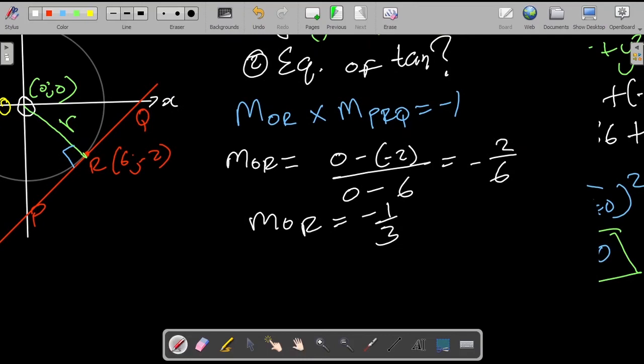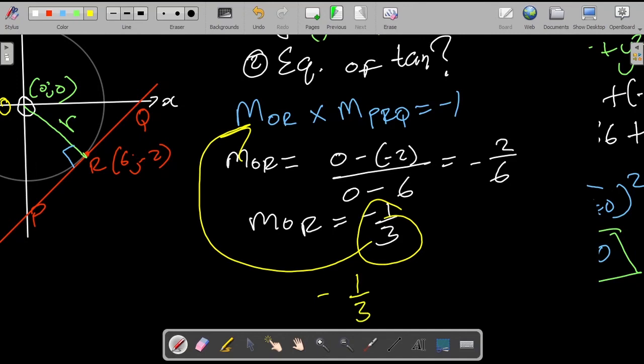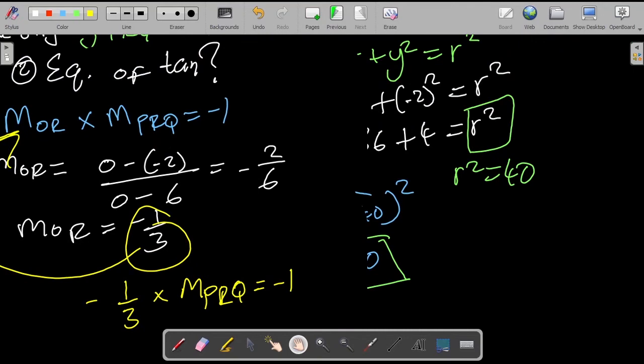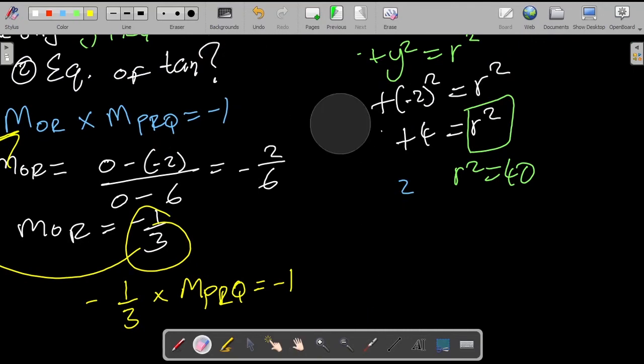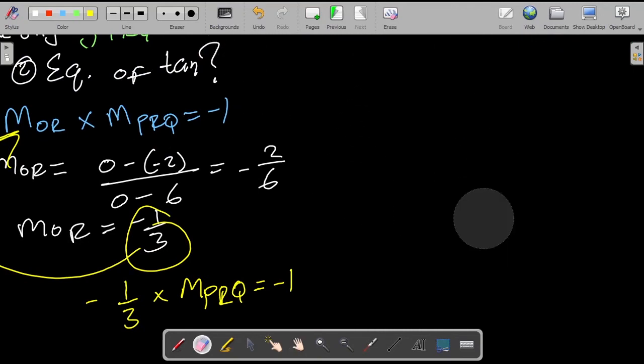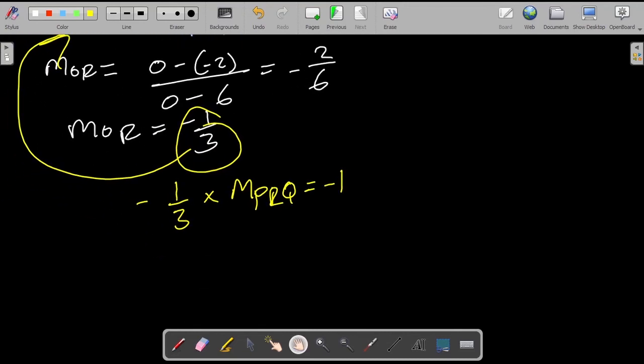We can then substitute this into that equation and say we have -1/3 multiplied by the gradient of PRQ is equal to -1. From this we can find the gradient of the tangent.